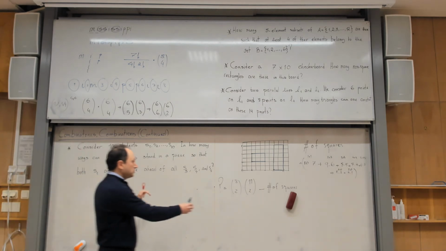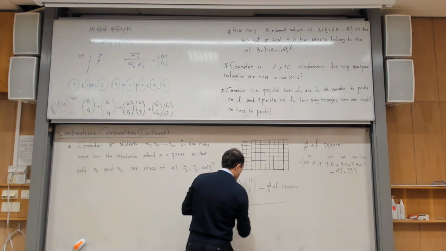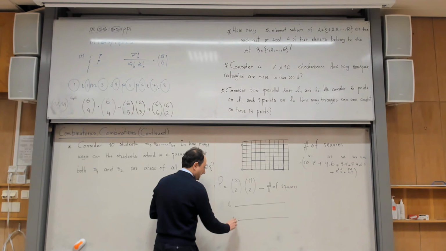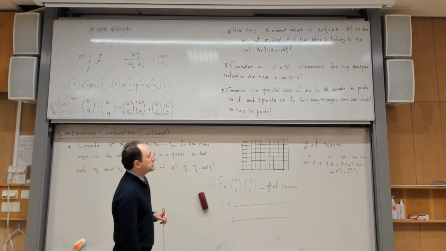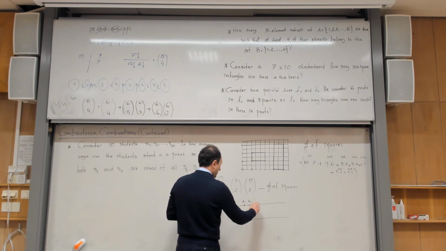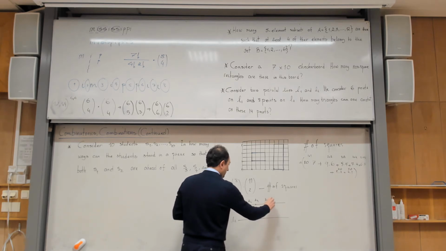So if you don't mind, let me just write it here. So consider two lines that are parallel. L1, L2, they are parallel. And then how many points do I have on L1? 6. So let me call them A1, A2, A3, A4, A5, and A6.